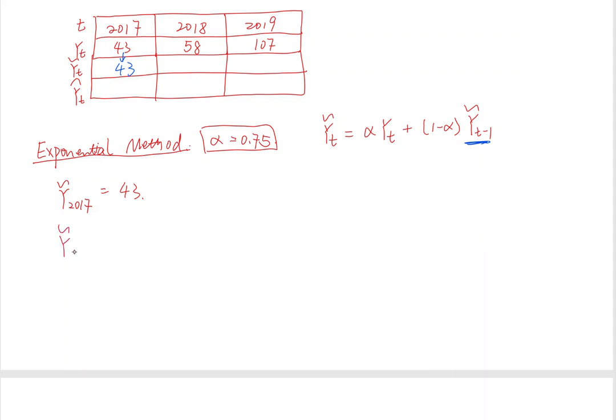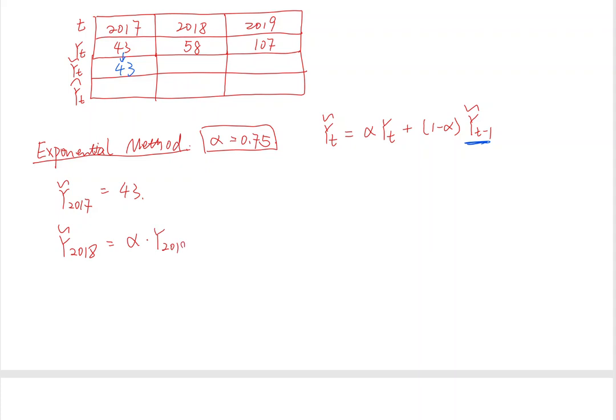What is the estimated value for 2018? If you want to get the estimated value of 2018 by the formula, you need to use alpha, which is 0.75, times the y of 2018, right? So alpha times the current value.